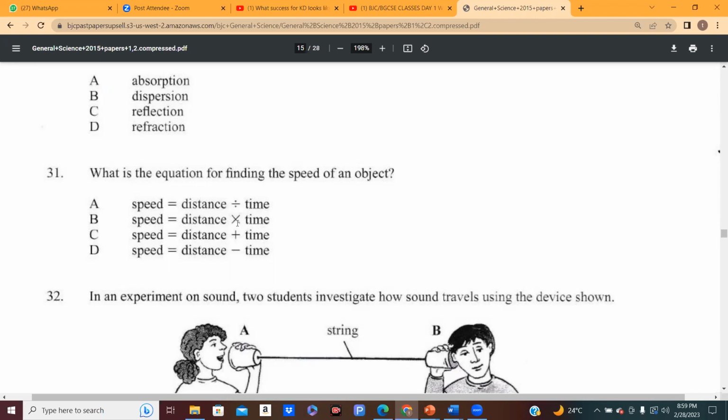No, not B, not speed equals distance times time. A? A, very good. Speed equals distance divided by time. So the correct equation for finding speed is speed equals distance divided by time.